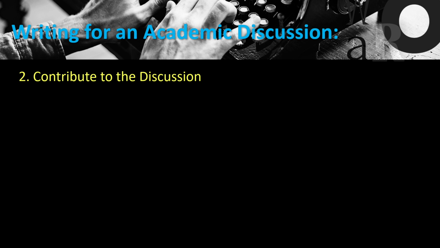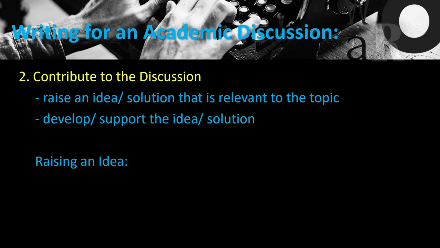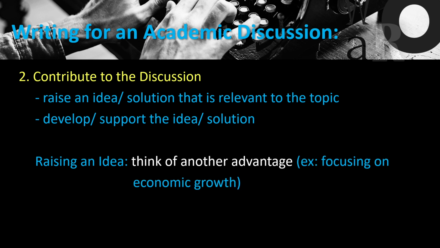And so, how do you contribute to the discussion? Simple. First raise an idea that you think is relevant to the topic, then develop it. Let's say that you again share the same opinion with student A, which is about economic growth. So after mentioning your shared opinion, come up with another advantage that focusing on economic growth might possibly bring.